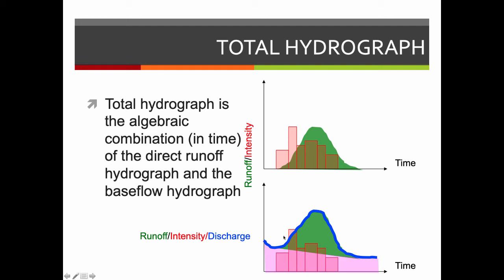And that produces this blue line here, which is the direct hydrograph. There's also terminology called a direct runoff hydrograph, which often refers to the green blob part. It will usually be obvious by context.